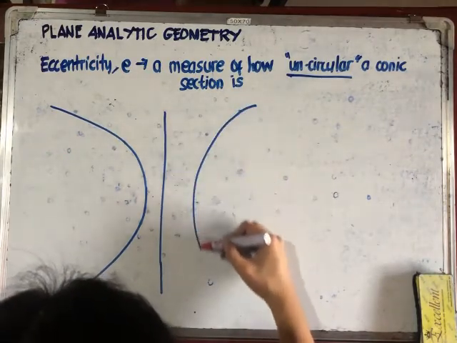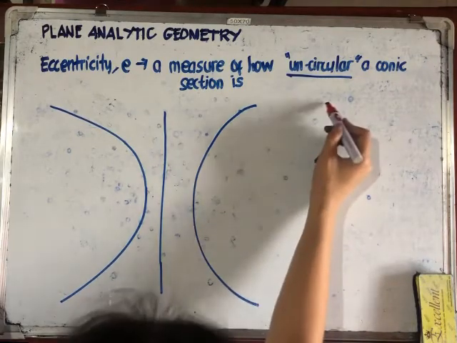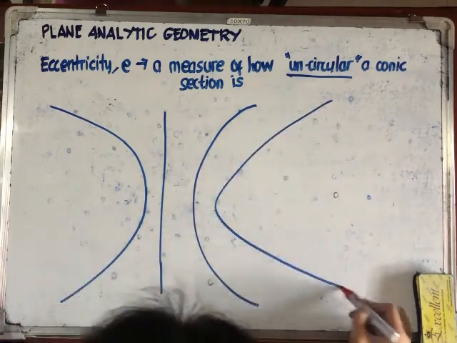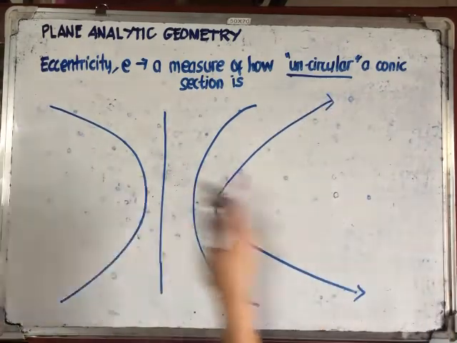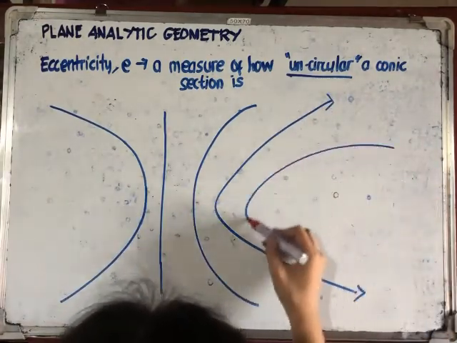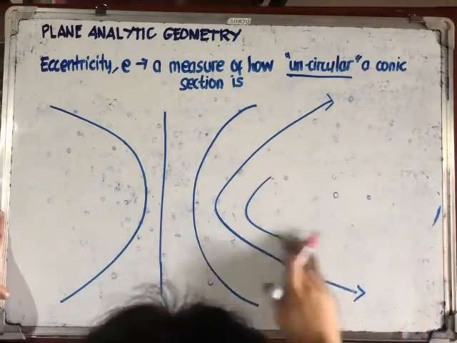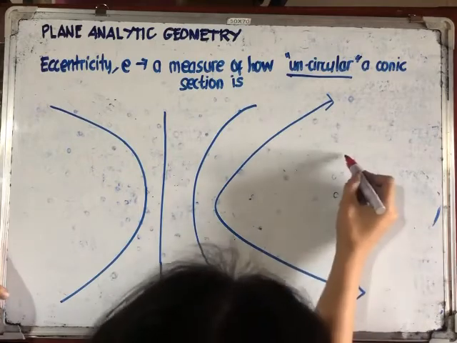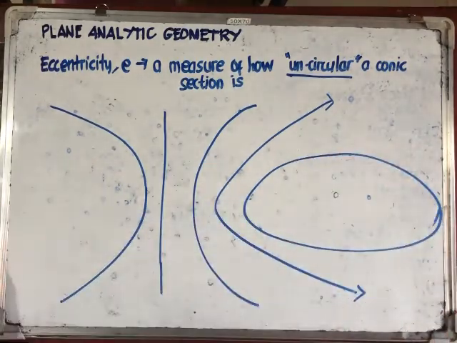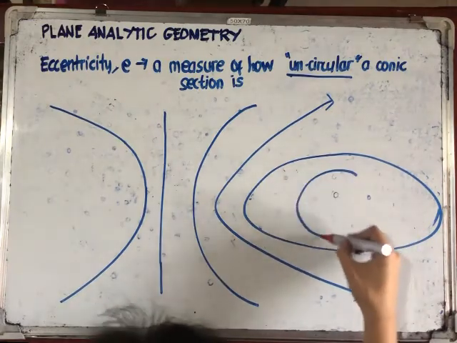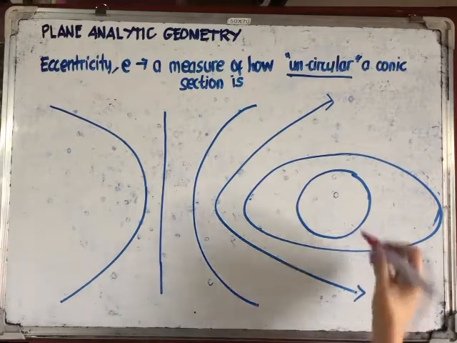So, a measure of how uncircular daw ang ating sections. Ayan. So, medyo exaggerated yung drawing natin dito para at least hindi rin siya makalimutan. This is very distorted. Okay, ganyan na lang. Lagyan ko ng circle dito. So, bear with my drawings, but I hope it could help you.